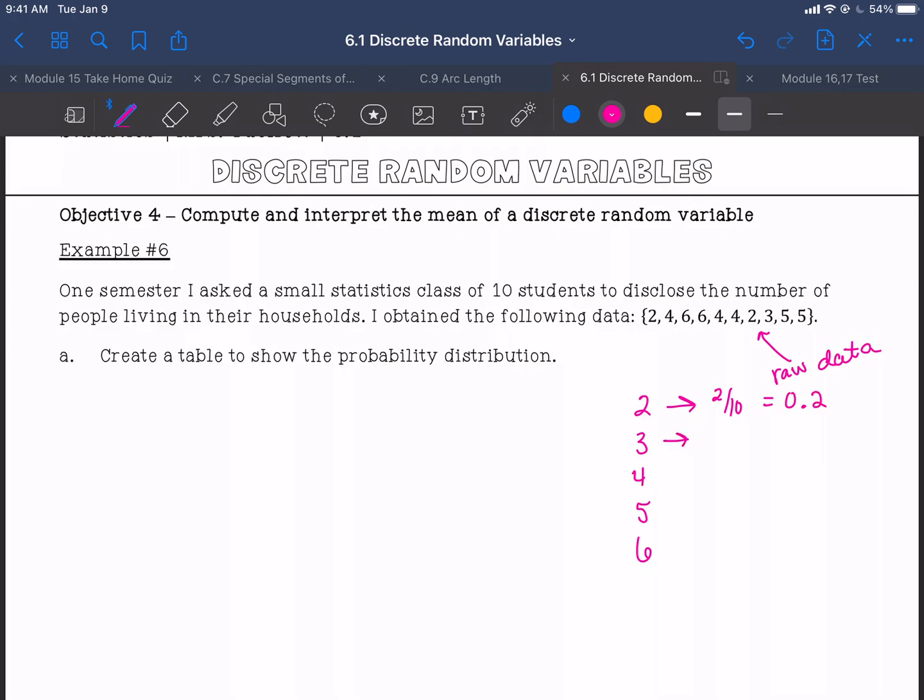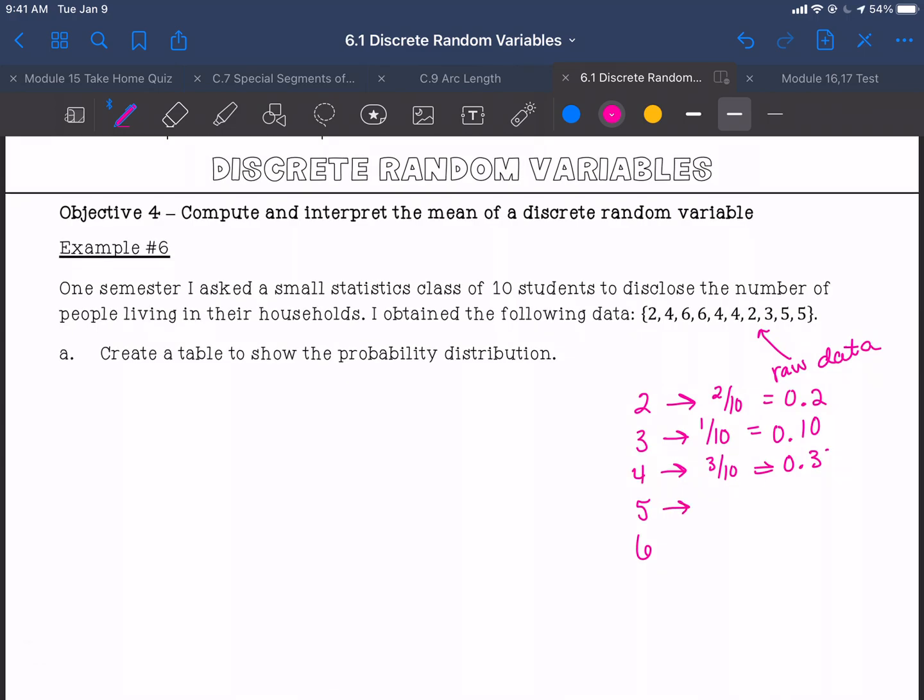Those that have 3 in their household is only 1 person out of the 10, which is 0.10. 4 people is 3 out of the 10, 0.3. 5 people is 3 out of 10, which is 0.3. And then 6 people in their household, 2 students out of the 10 said that, which would be 0.2.